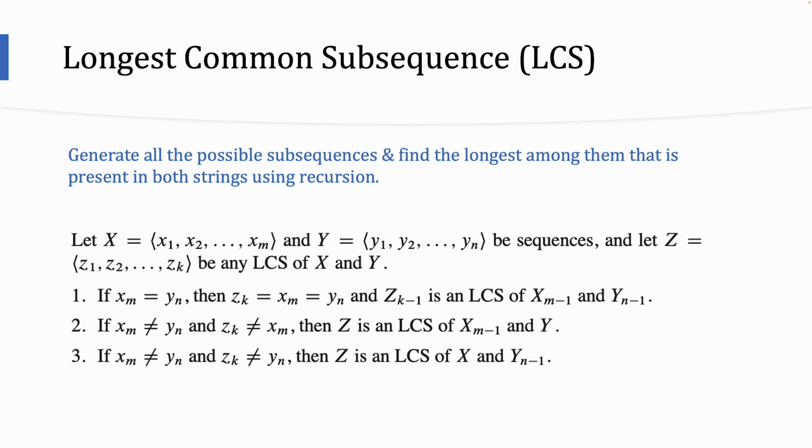But at least one of them can't be. So now we can find the longest common subsequence of X and a smaller version of Y, or the longest common subsequence of Y and a smaller version of X. When I say smaller version of X, I mean the original X excluding the last element, right?